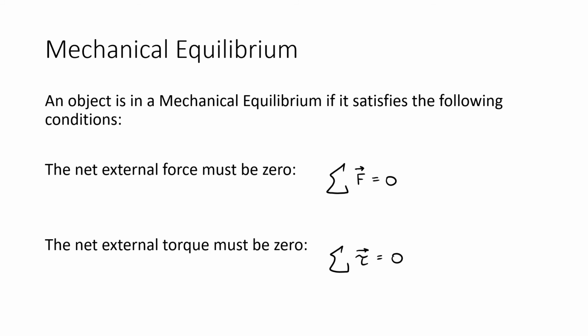So, the two conditions that we need for a mechanical equilibrium are that there's no net external force being applied. So the net external force is 0, the sum of all forces in all directions is 0.